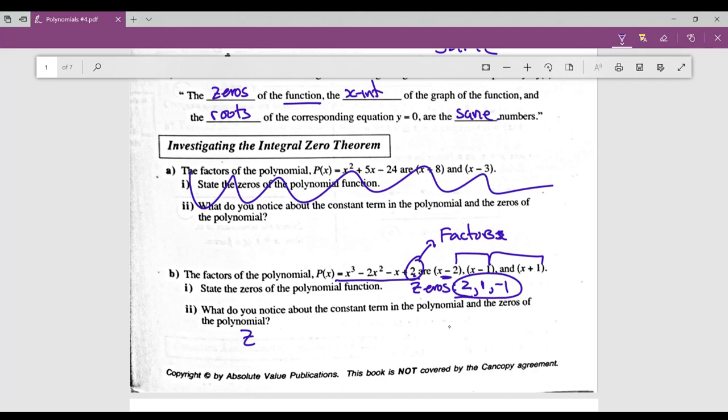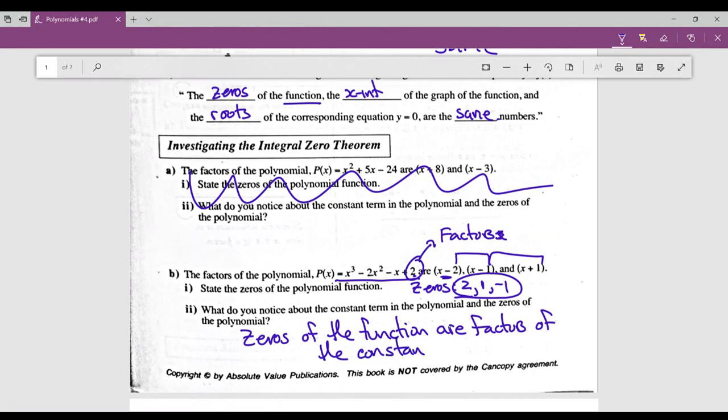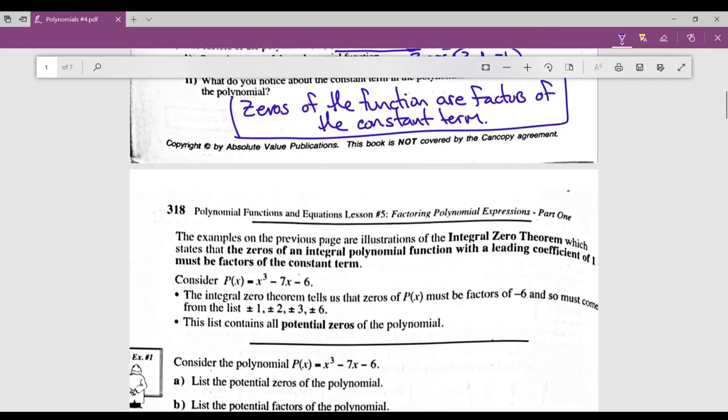So the zeros of the function are factors of the constant term, i.e. which number has no variable. Remember that, but we're going to do it this whole lesson.